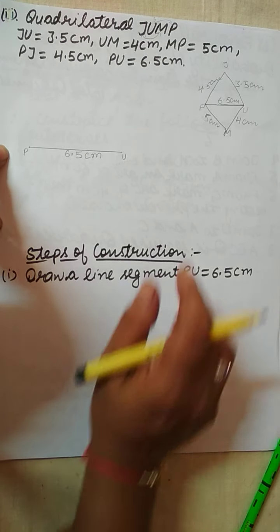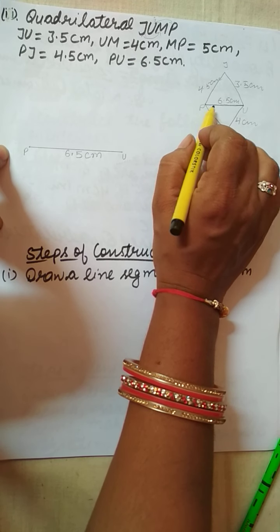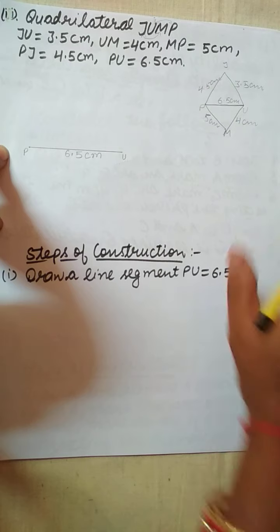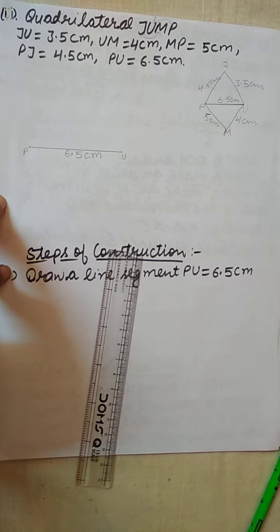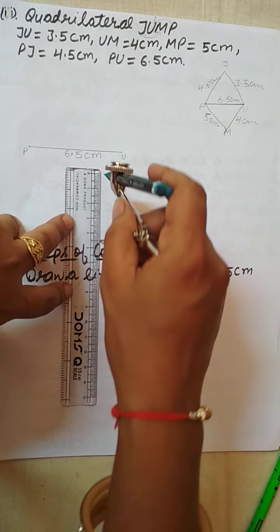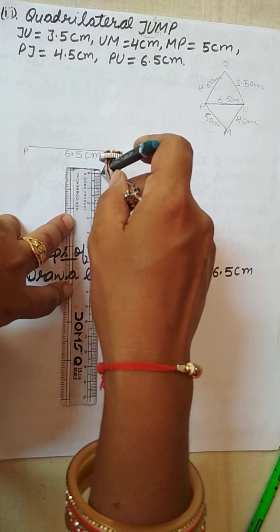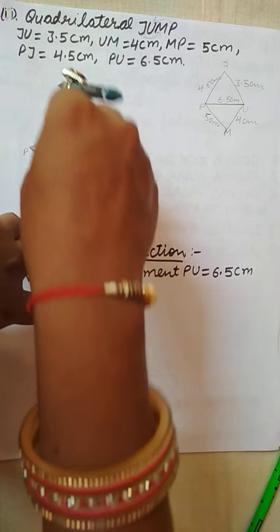Now as it is clear from this rough sketch, we will mark an arc of 4.5 centimeter from P. This is 4.5 centimeter.